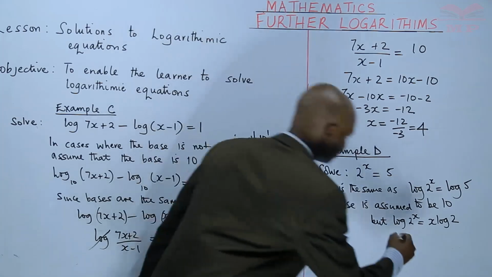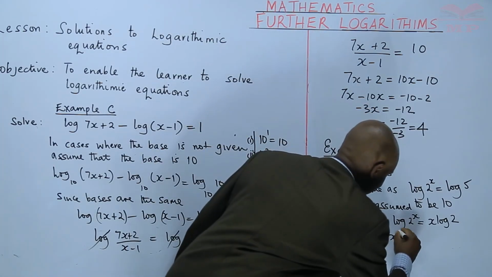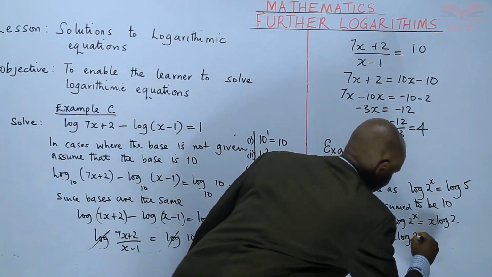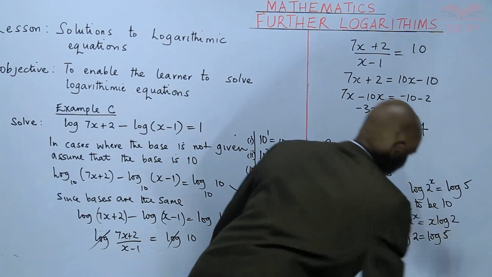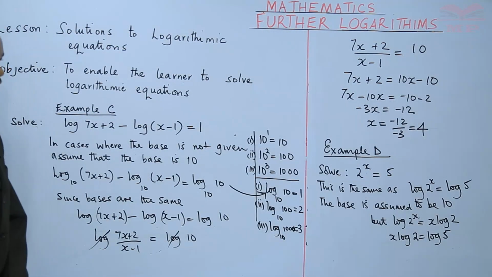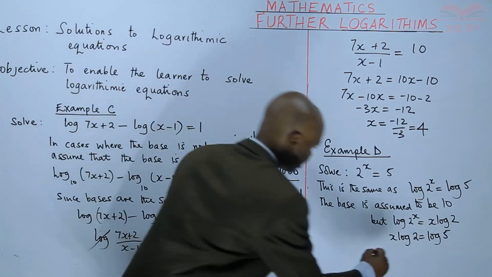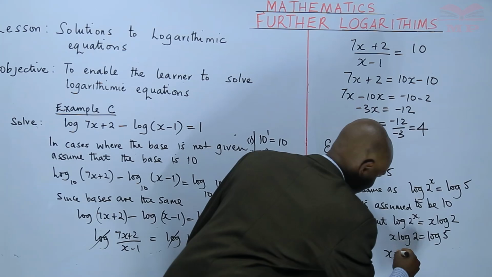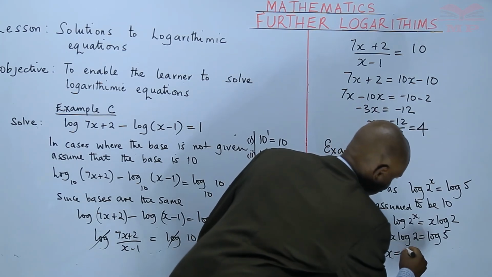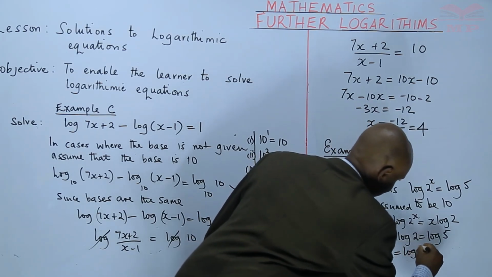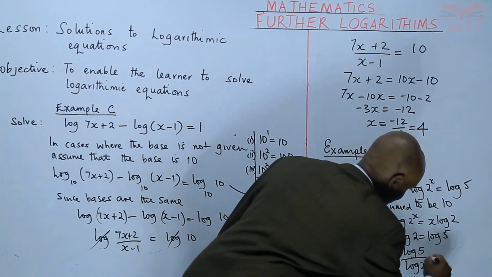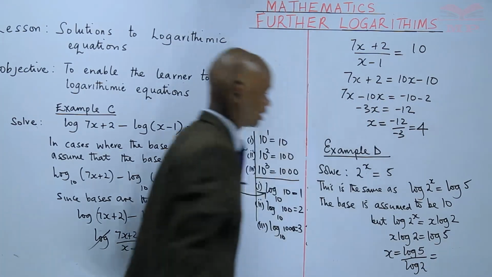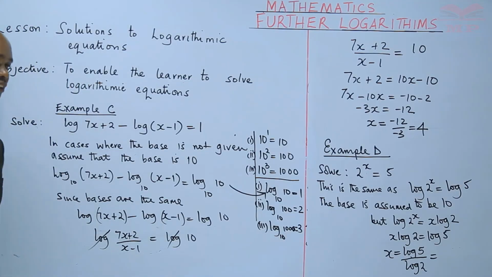So you'll come and have x log 2 is equal to log 5. So x is equal to log 5 over log 2.